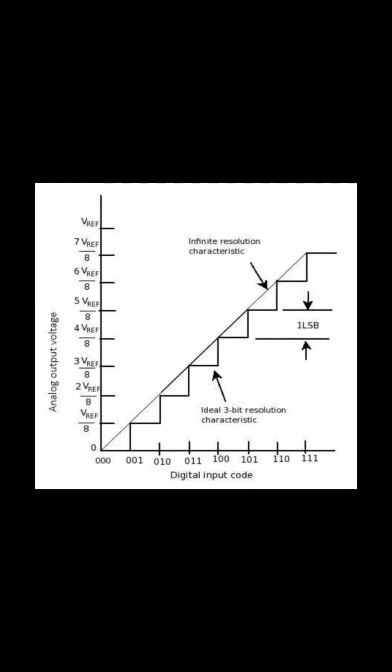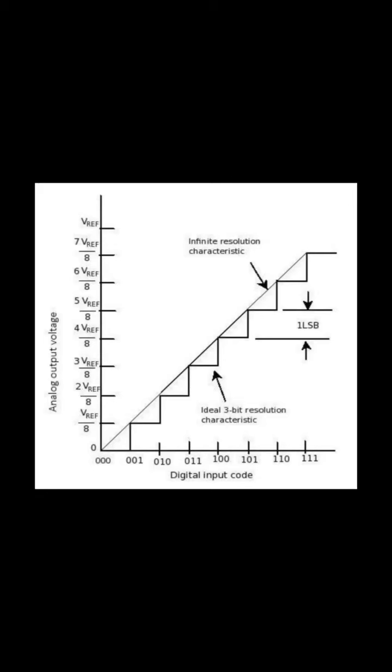So for this 3-bit DAC with a 5 volt reference voltage, the full scale output voltage will be 7 by 8 into V reference. Overall, if K is not equal to 1, then it will be (2 raised to n minus 1) into V reference into K divided by 2 raised to n.